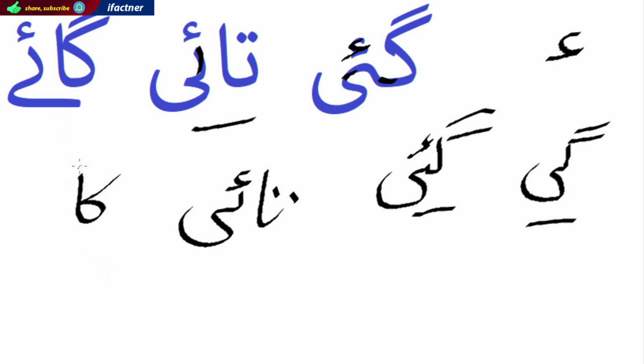Gai means cow. Gaf, Alif, Ga, Hamza, and then we write Bari Ye. So you see that if it's being connected to other connectors, then we write Hamza like this. And if it's not being connected to the last character, then we write Hamza like this and then write the next.